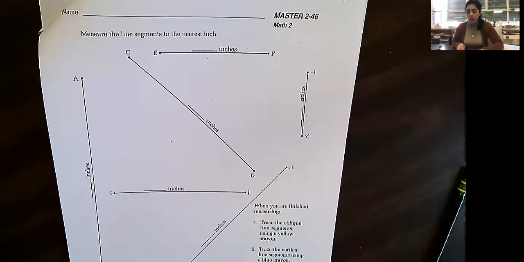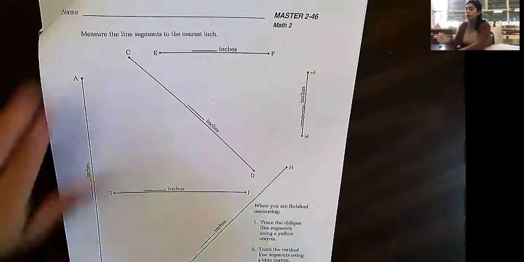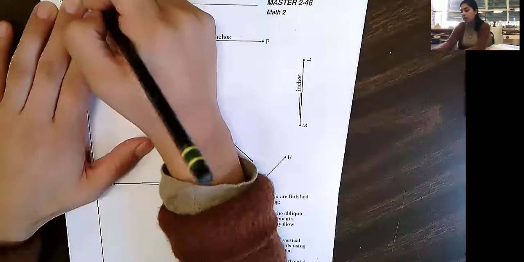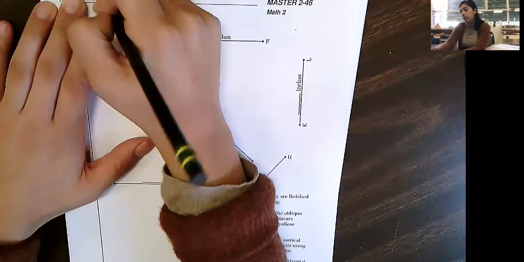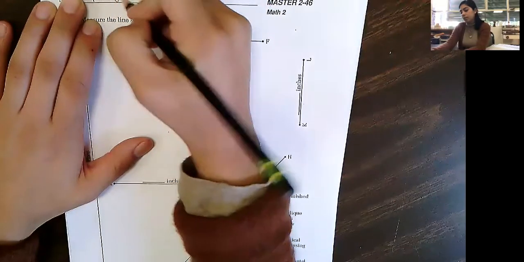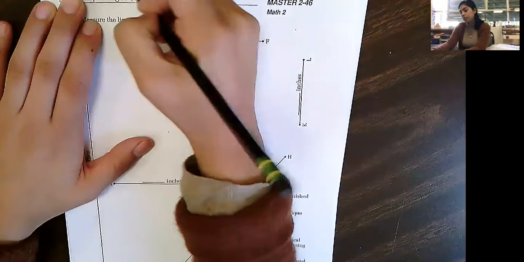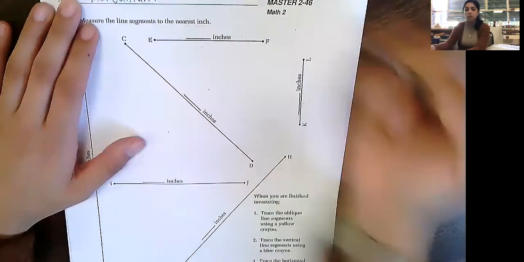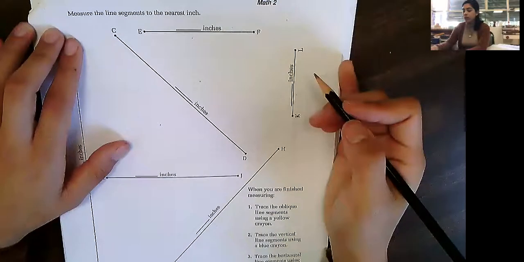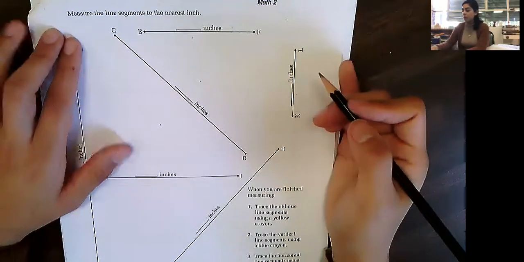And we'll begin as soon as you're done getting that ruler and having that piece of paper in front of you. So don't forget to put your name at the top. After you're done, you can continue. Put pause if you need more time.